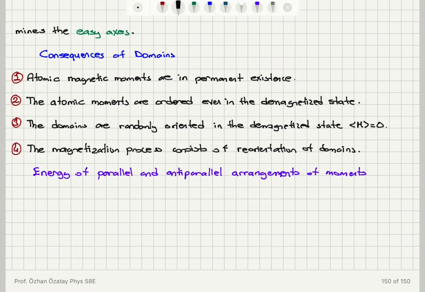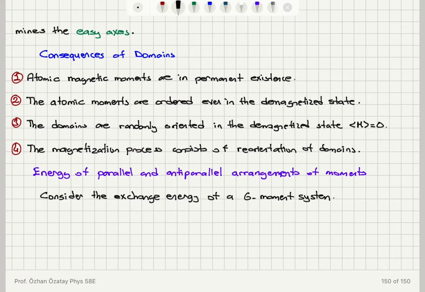So I'm considering the exchange energy in a 6-moment system.